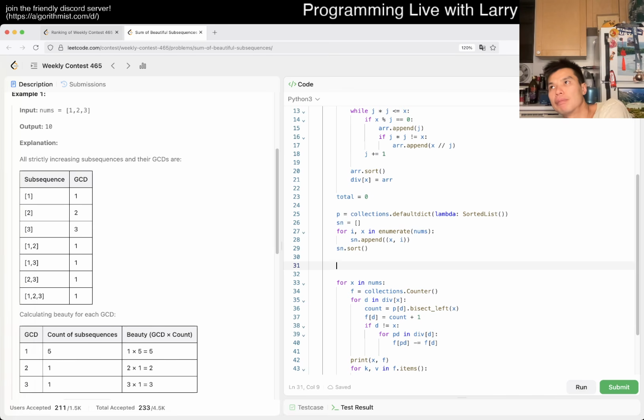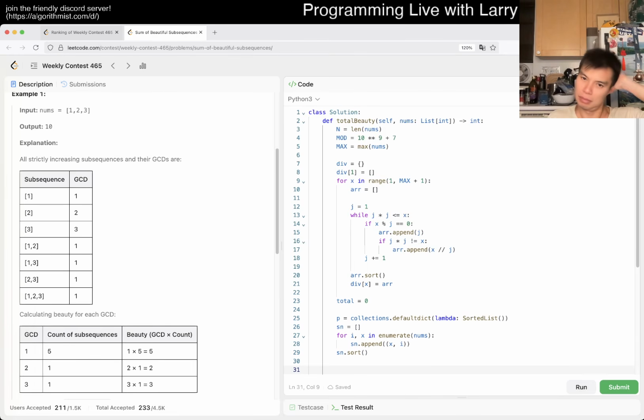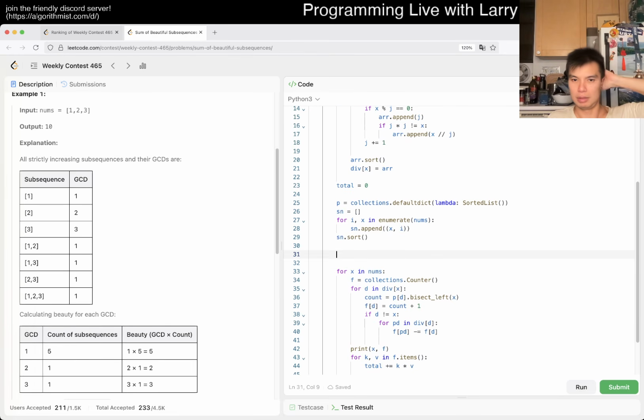You get the contribution of each thing. We process these one by one. Maybe.